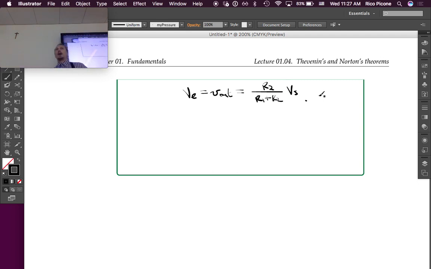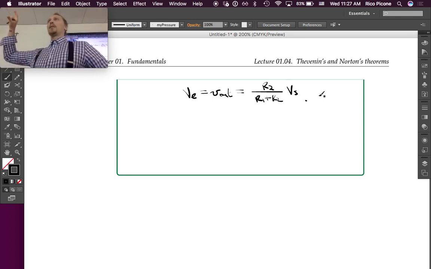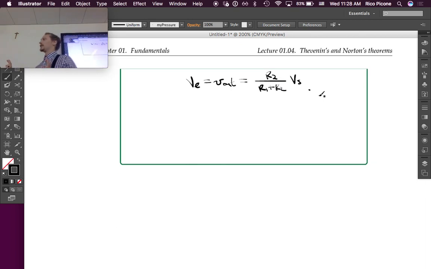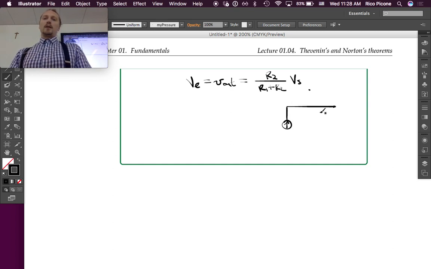Now we just need to find the Norton equivalent. And we could go back to the definition and short out the output terminals and determine through a circuit analysis what the current would be through that short. Or, and I'm going to recommend it, we could use our nice conversion formula to go from a Thevenin equivalent source to a Norton equivalent source. So the circuit for a Norton equivalent is always going to be a current source in, is it series or parallel with a resistor?